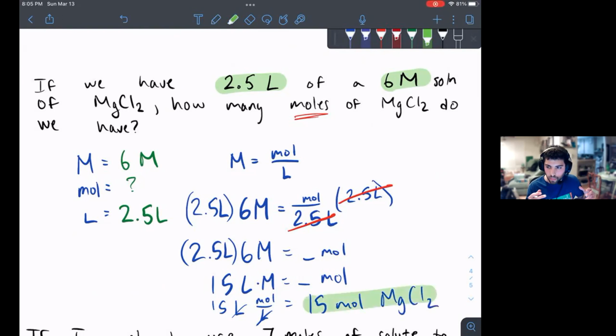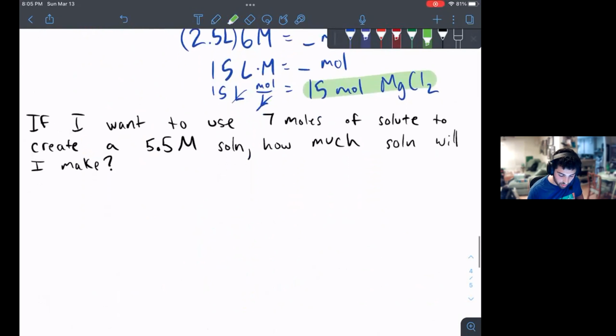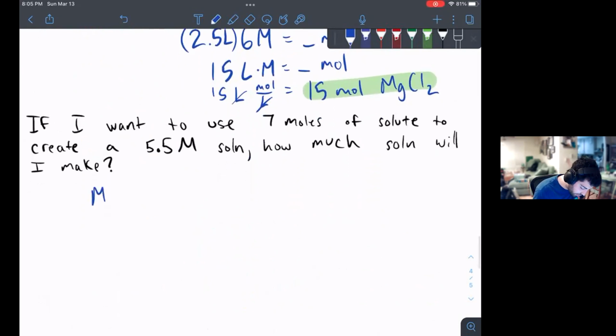So it turns out that we don't even have to use the equation in the way that we assume. All we have to do is fill in 2 out of the 3 variables, and we can find the third one, which is usually what your question is asking. And I apologize, there's one more question. So we're going to do this one super quick. I'll fill out mole, molarity, and liter.